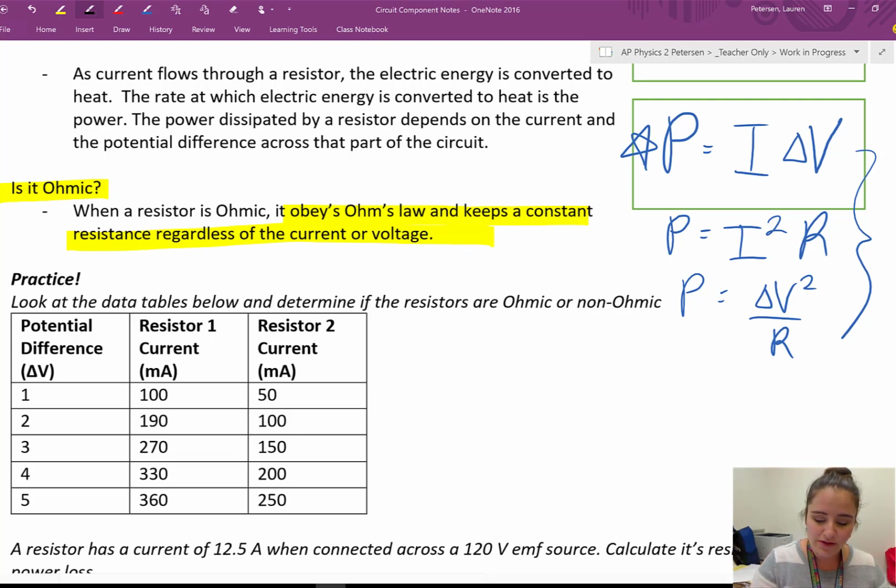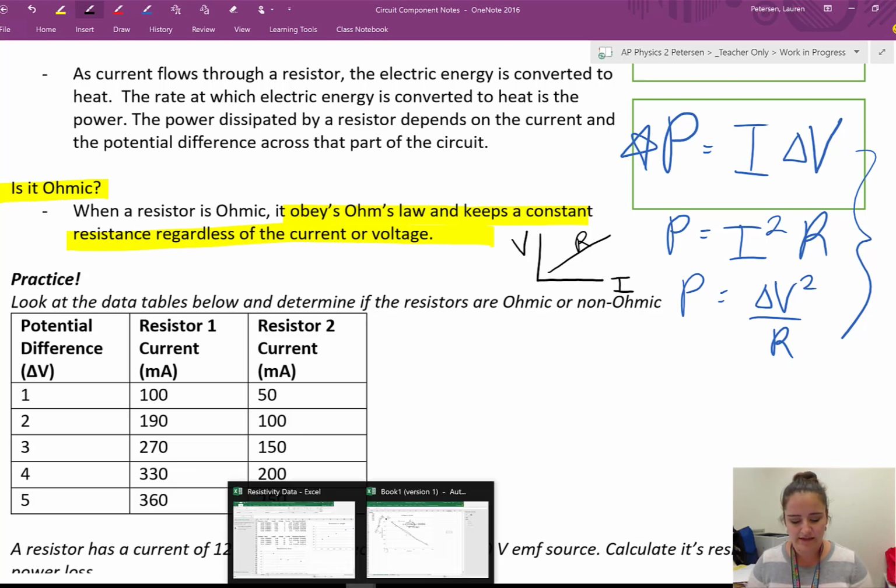By following Ohm's law, we basically mean if you graph the voltage and the current, okay, it is going to be a straight line with a constant slope equal to the voltage over the current, aka the resistance, okay? The slope of that line is going to be the resistance. However, not everything really follows that, okay? Here's some data collected in a resistance mini lab.